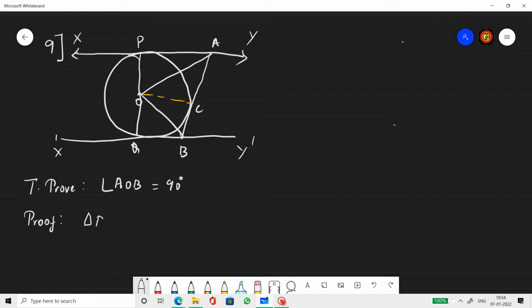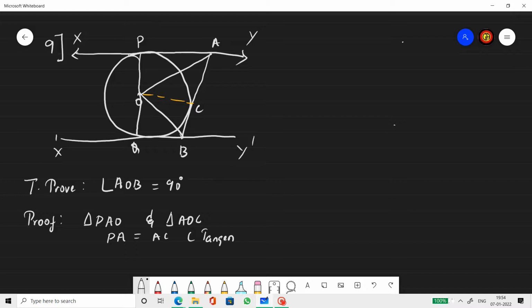In triangle PAO and triangle AOC, PA equals AC. Why? Tangents from the same external point are equal in length.